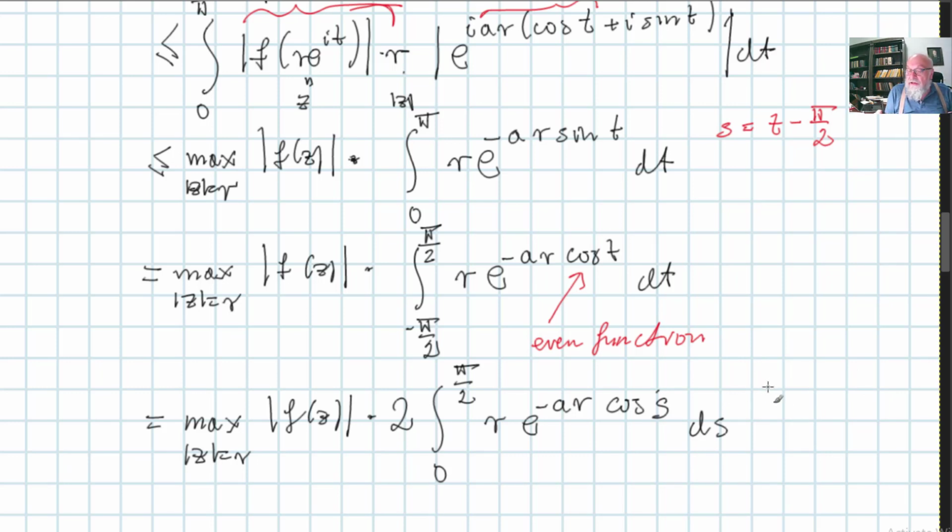This time I substitute that t is equal to s minus pi.